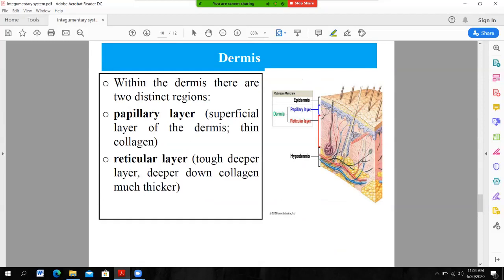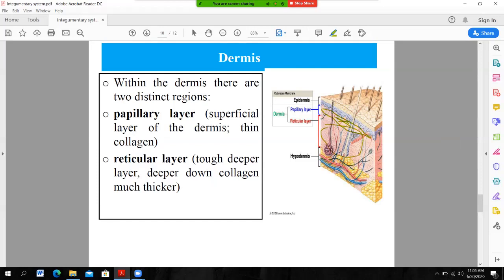This is the papillary layer, the superficial layer of the dermis, and it also provides a border to the epidermis. The papillary layer contains thin elastic collagen. And the reticular layer is the deeper layer of the dermis.